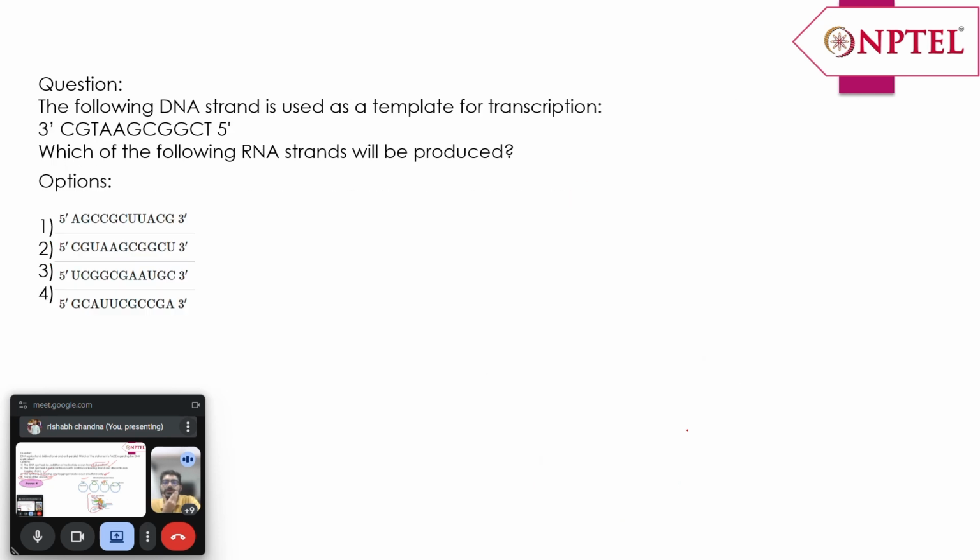Okay, so let's move on to the next question. The following DNA strand is used as a template for transcription. Which of the following RNA strands will be produced? So what can be the correct answer?